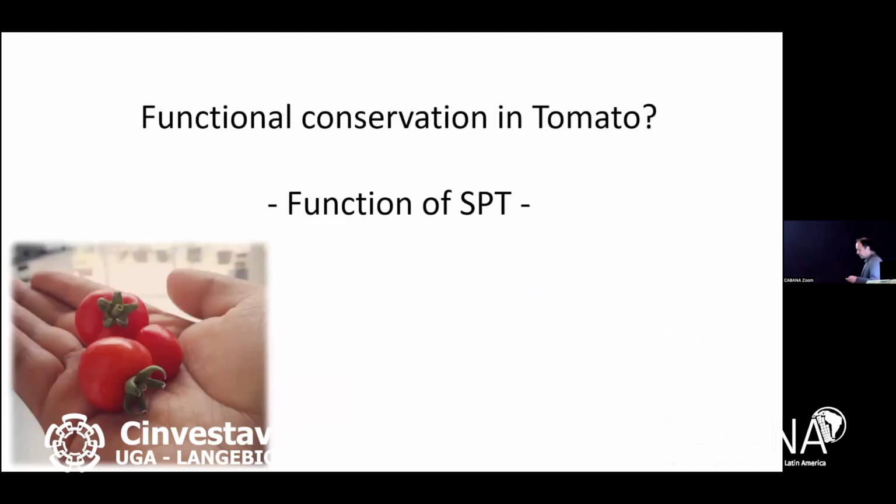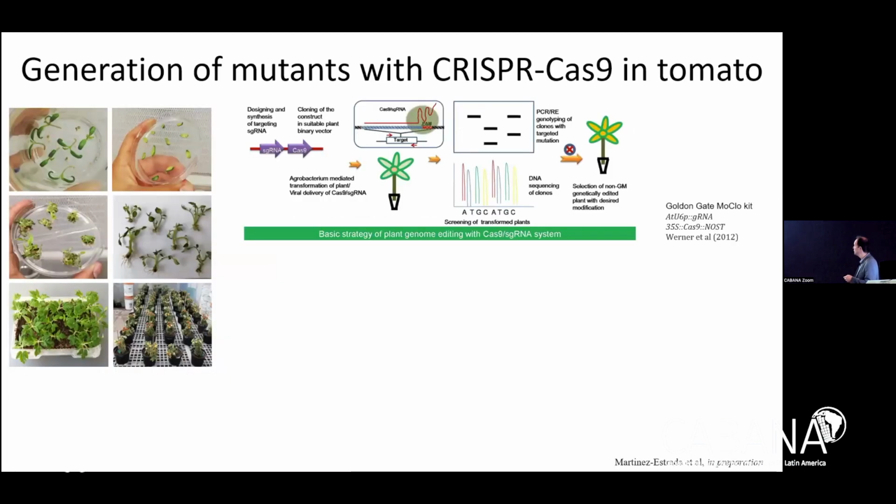Just jumping a little bit, we also started with tomato. Just to present an example: does this transcription factor SPATULA exist in tomato? Yes, it does, and we are now looking at whether the function is conserved. What we are doing is using CRISPR-Cas editing, using tissue culture, mutating the gene and seeing what is really happening in the plant.